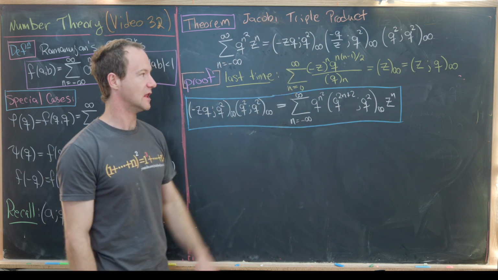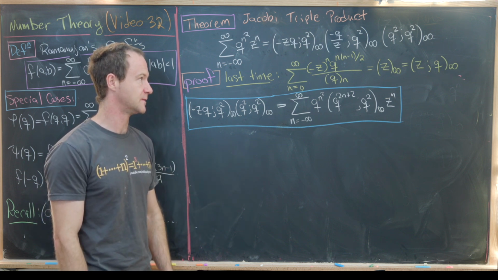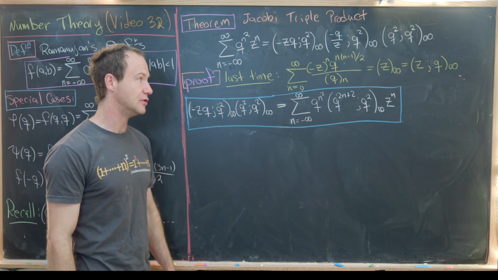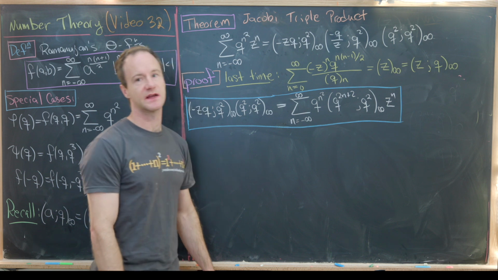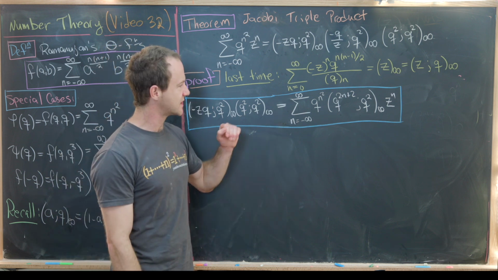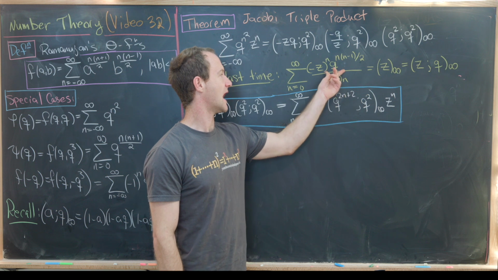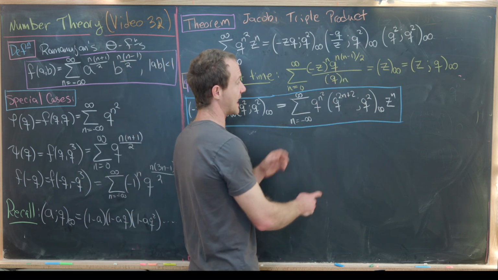Well, we'll take our yellow identity, which, like I've said a couple of times, we did in the last video, and we'll make some replacements, z for something and q for something, in order to build an object that looks like this. Let's look into this and see how we could build an object that looks like this out of these parts right here. It's actually pretty clear if you look at it.